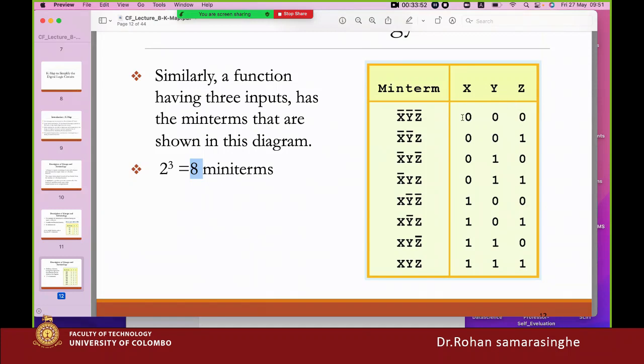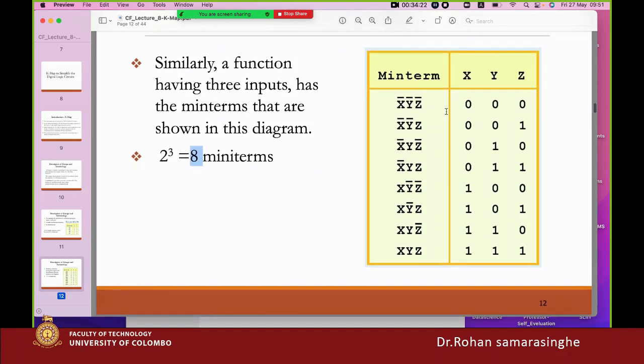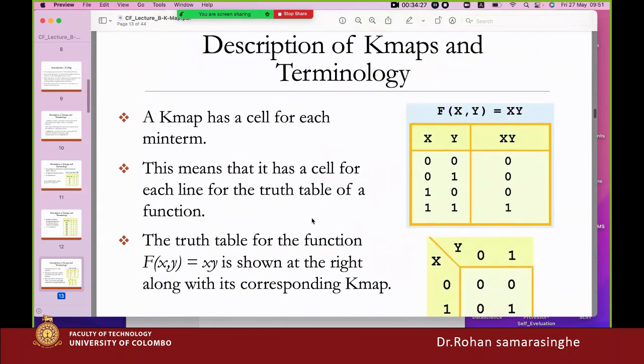For the first variable, 4 zeros and 4 ones, the second variable 2 zeros, 2 ones, 2 zeros, 2 ones, and the final one is 0, 1, 0, 1. Likewise, you can get the combinations: x bar y bar z bar, x bar y bar z, x bar y z bar. Likewise, if there are 4 variables, you can have 16 minterms.